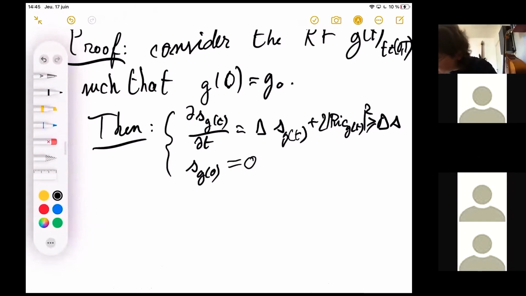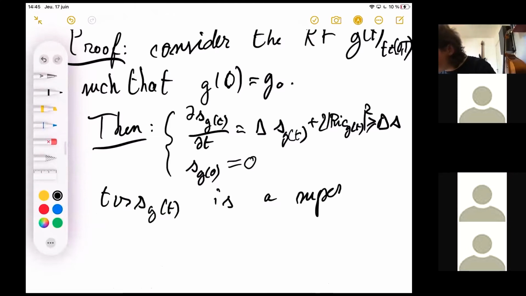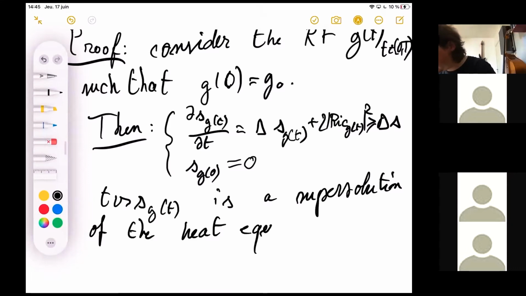Okay, so we have this evolution equation. So this function is a super solution of the heat equation, and they do satisfy a maximum principle.